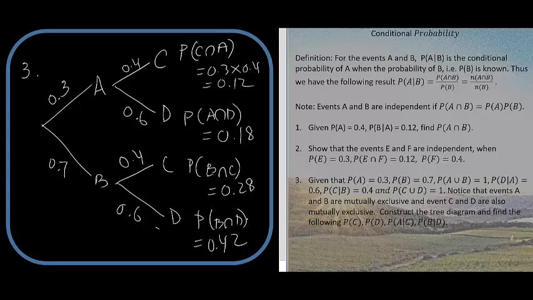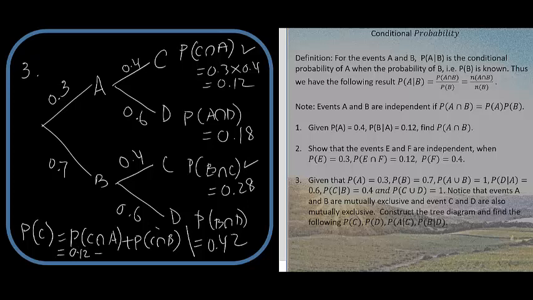The next part is now probability C. Probability C will be C intersection A and C intersection B. So we are writing probability C intersection A plus probability C intersection B. Probability C intersection A is 0.12 plus C intersection B is 0.28.